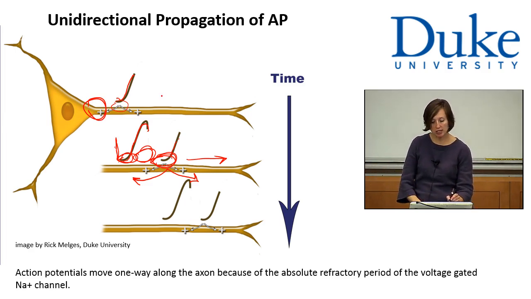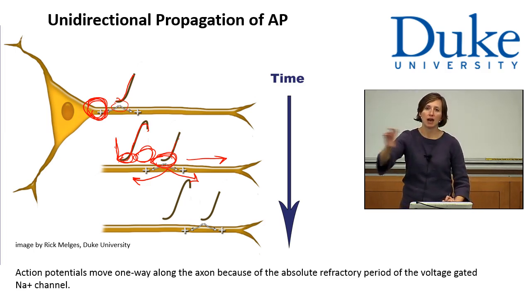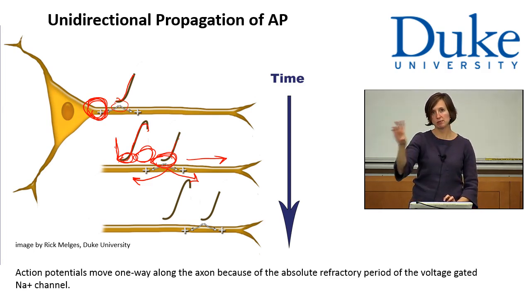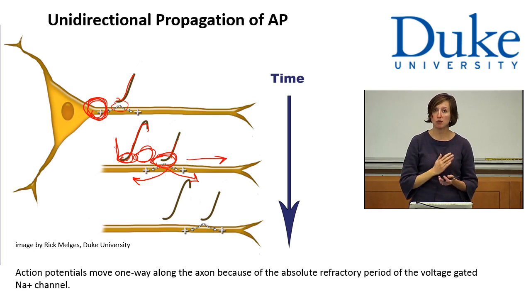Now, if we started in the middle, that would be a different issue. But since we always start at the initial segment for the most part, then we're going to have a unidirectional propagation of the action potential, and it's because of that refractory period of the sodium channels when they're inactivated.